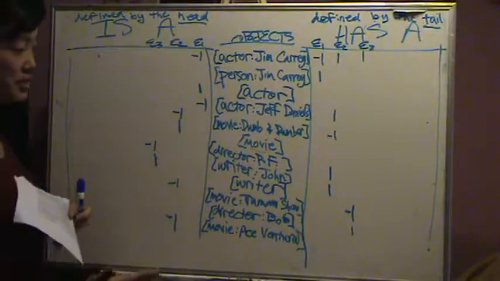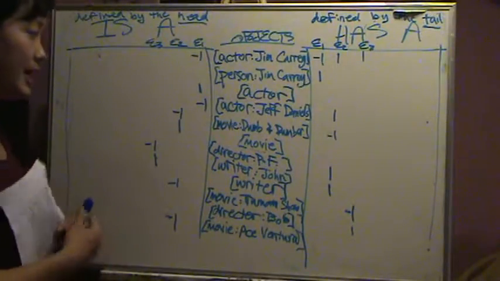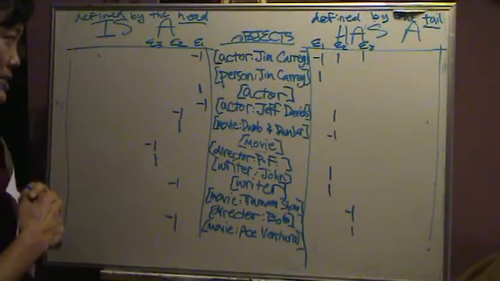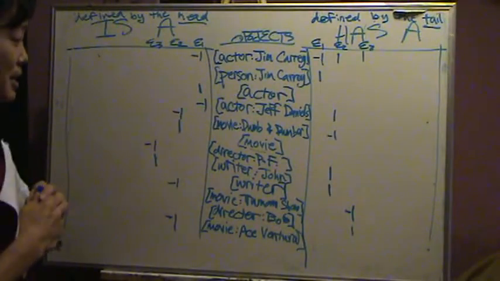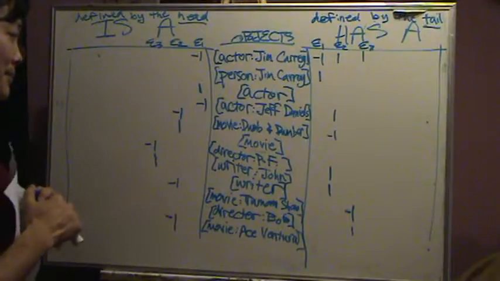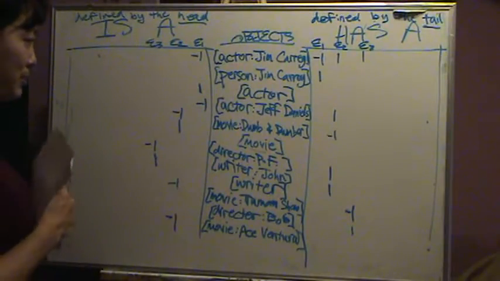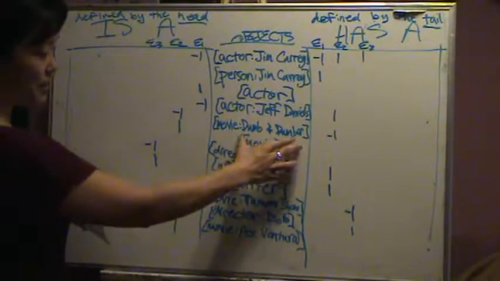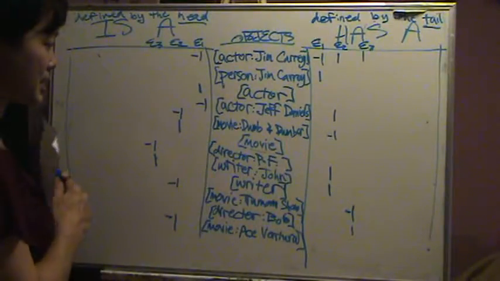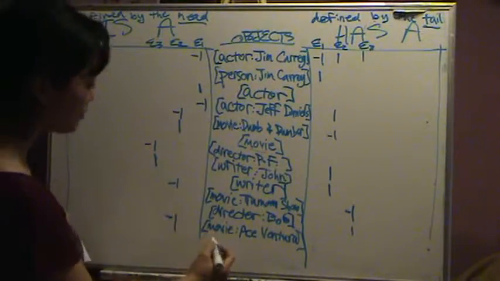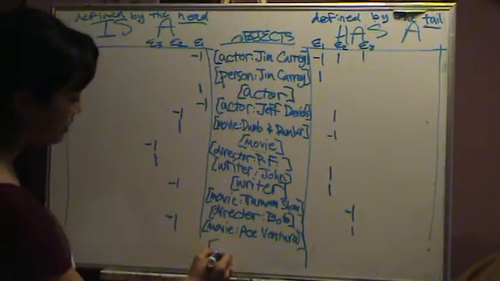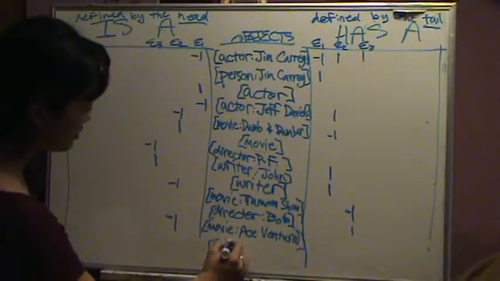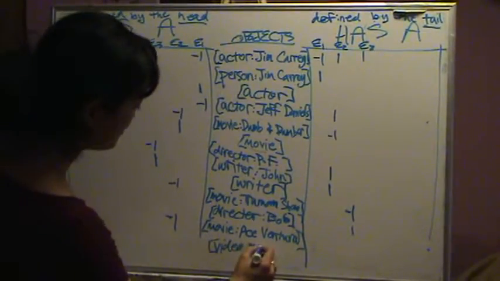Another benefit to parsing would be to remove redundancies and to see where redundancies lie. By redundancies, I mean something like, let's say we have movie Dumb and Dumber is a movie, but then let's say we also have movie Dumb and Dumber is a video media.